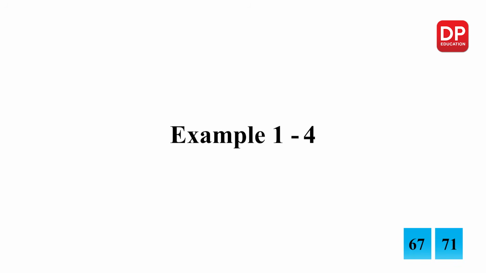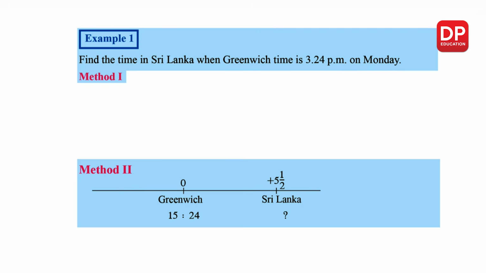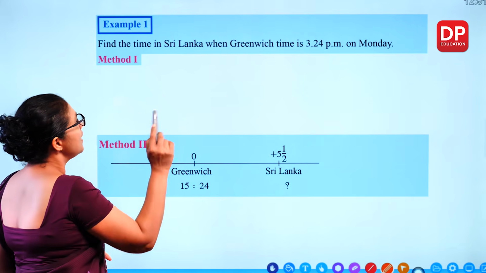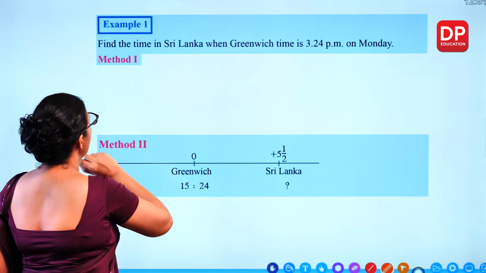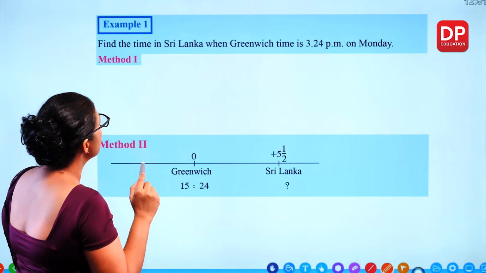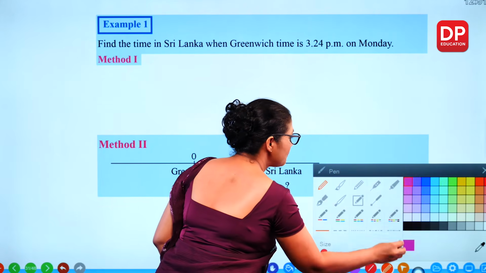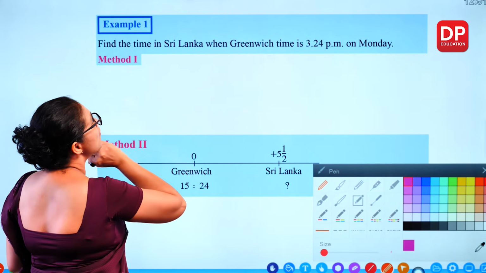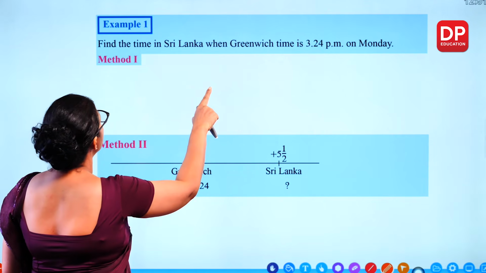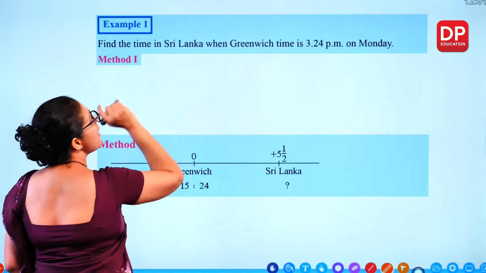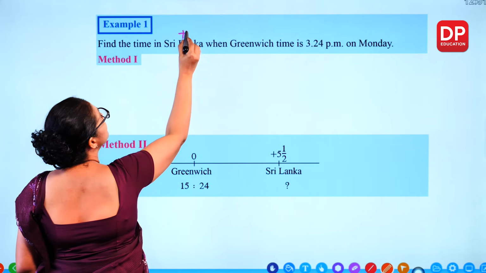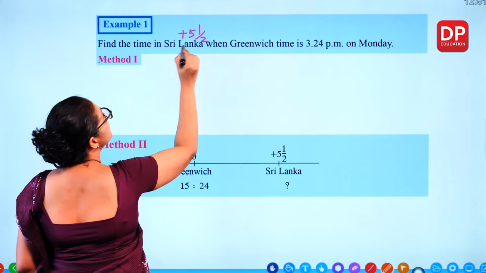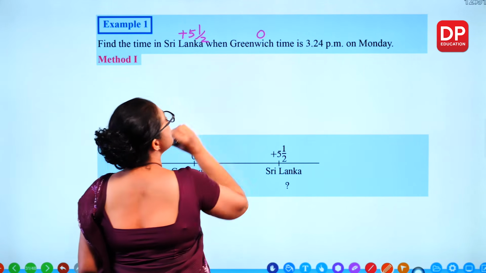Now we'll look at the examples in your textbook. Example number 1. Find the time in Sri Lanka when Greenwich time is 3:24 p.m. on Monday. So we can do it in 2 methods. What's the first method? We can write what's the time difference. Sri Lanka, we know that's plus 5.5. Greenwich, that's 0.